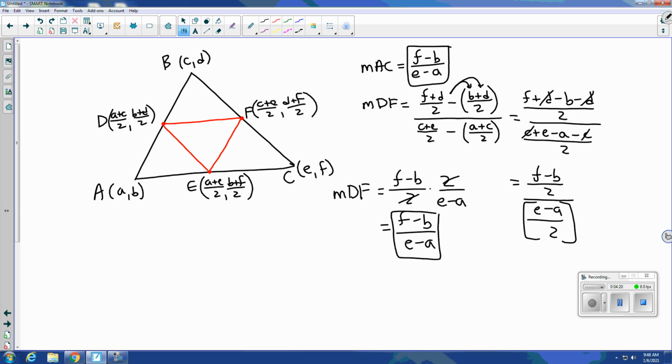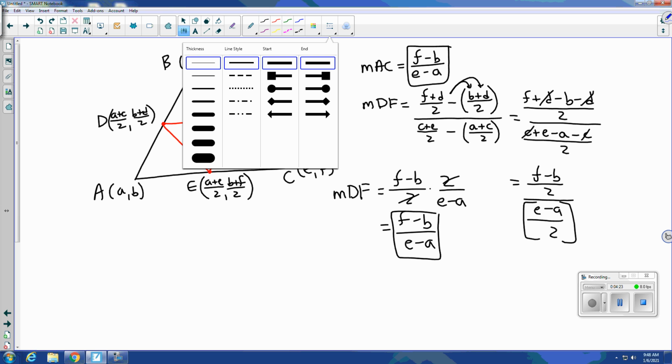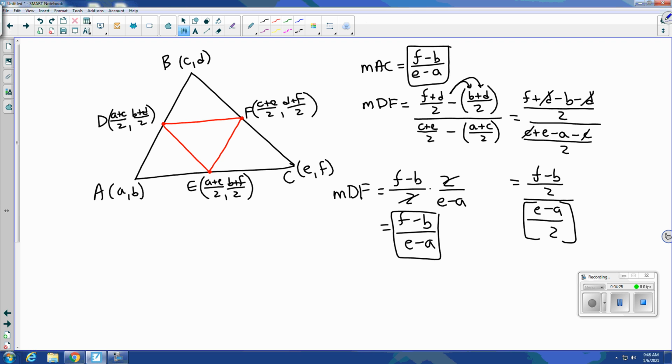Therefore, by just assigning abstract representations for our 3 coordinates, we have proven that this mid-segment runs parallel to that side. And that's true for all of them. This mid-segment will run parallel to this, and you could work through the math on that, and this mid-segment will run parallel to this side.